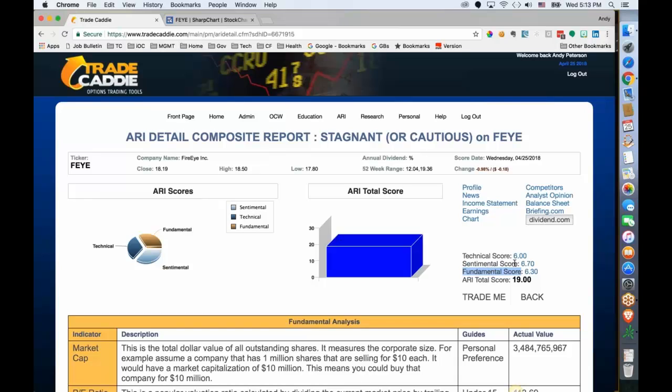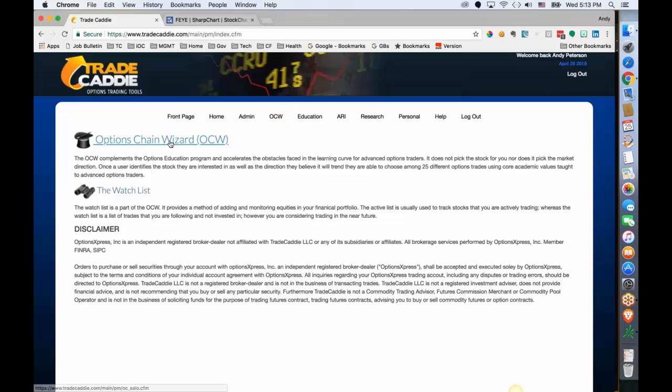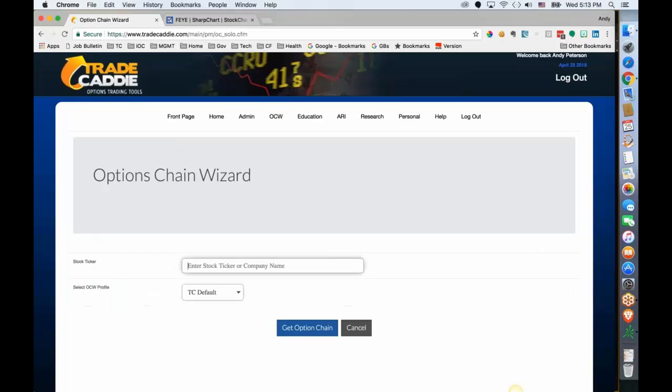We've talked about the technical and the sentimental. We know that the fundamental score is right there in the middle too at 6.3, making it stagnant as well. So let's go ahead and take a look at the OCW for FEYE and see if it has a call calendar option that makes sense to us.